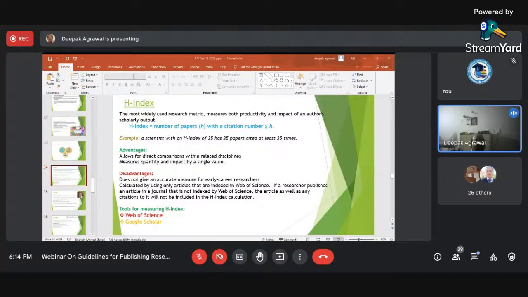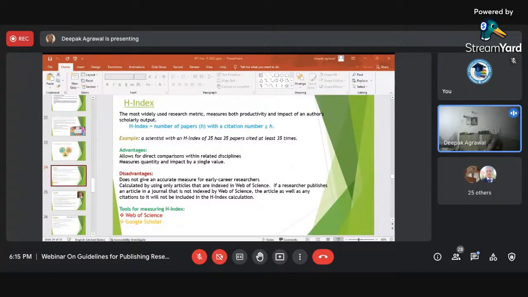It is calculated on the basis of the number of papers published and the number of citations of those papers. For example, if 35 papers of an author have been cited 35 times, it is having a huge impact, and the H index is very, very high for it.